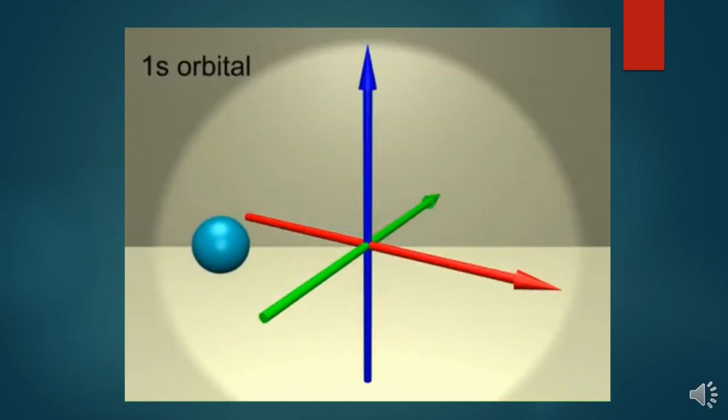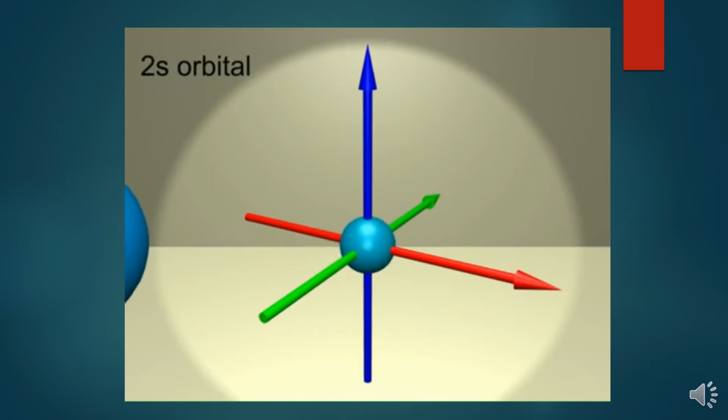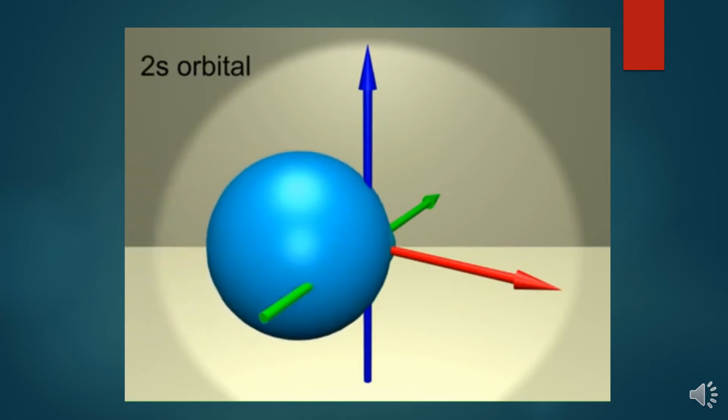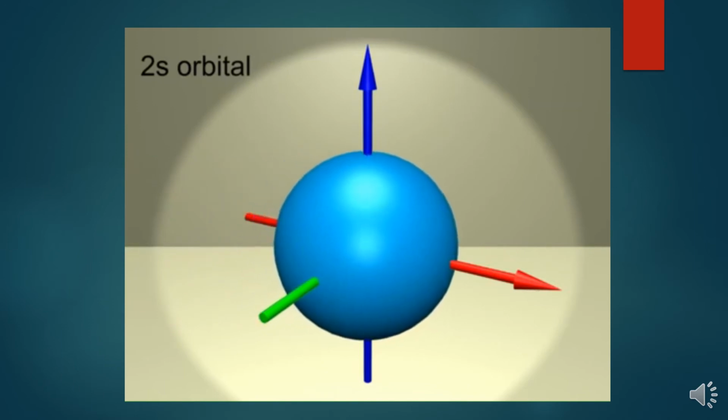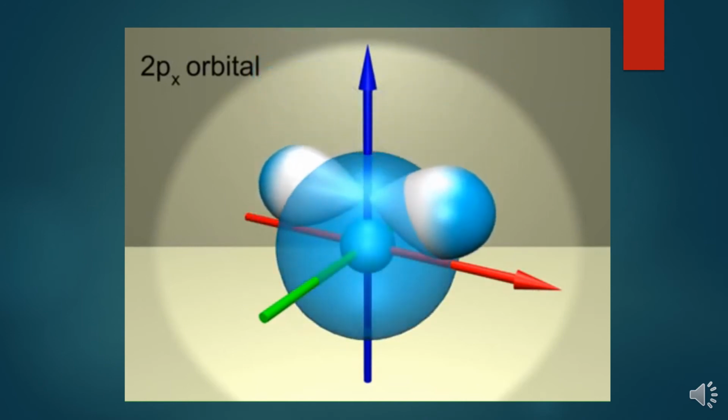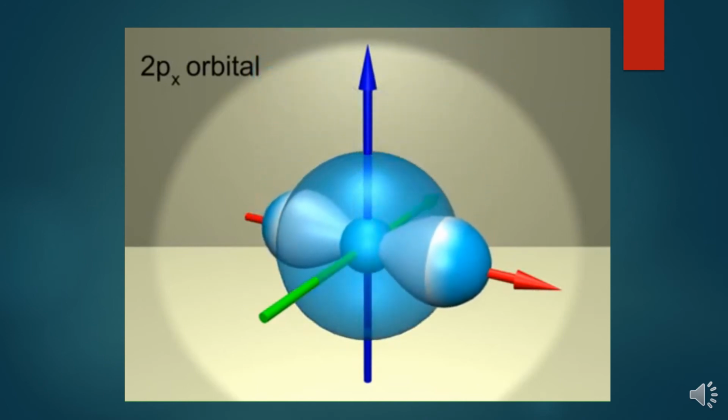So let us see how these s and p orbitals are three-dimensionally arranged in an atom. This is the s orbital nearest to the nucleus, meaning the lesser the value of n, the closer the orbital is to the nucleus. And then it is 2s, and then 2px along the x-axis. Then here comes 2py along the y-axis.